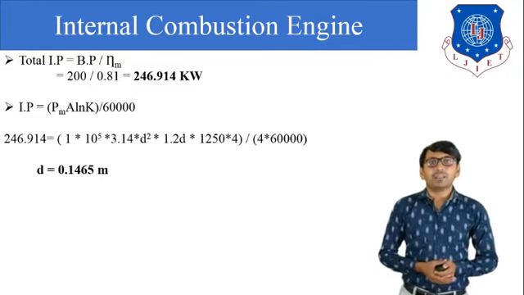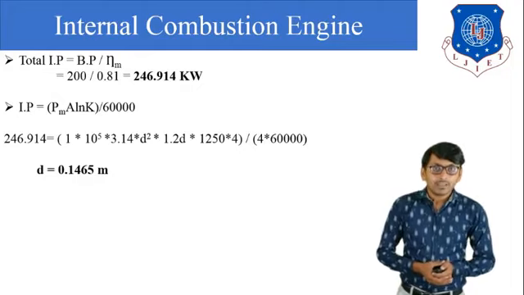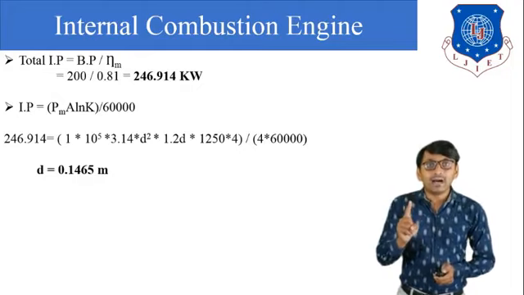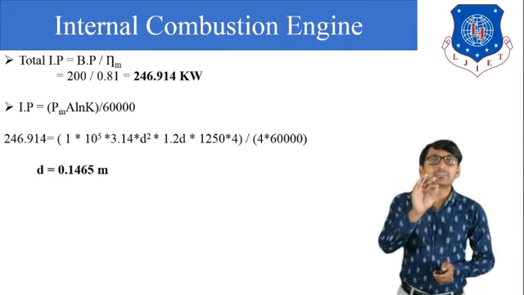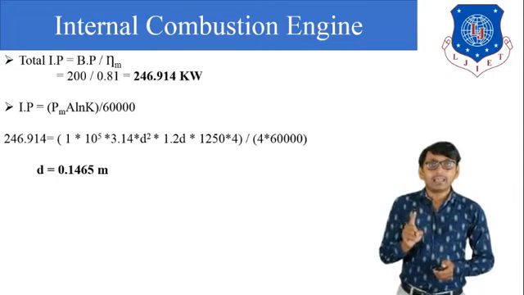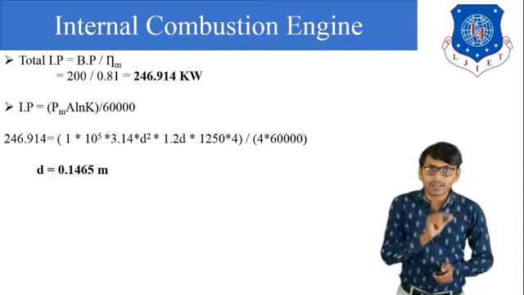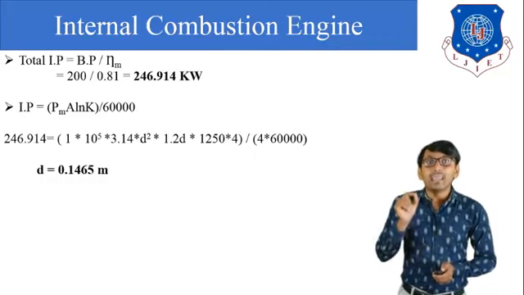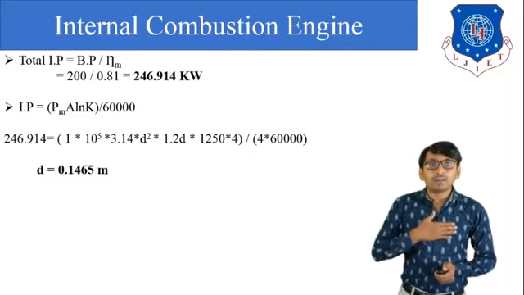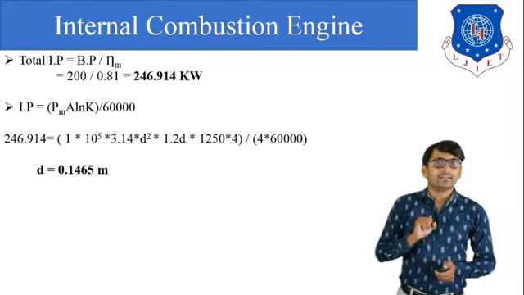So now putting value of indicated power PM, then in place of area we have to put pi by 4 d square. Pi 3.14 divided by 4, that is in numerator, and d square, and in place of L we have to put 1.2d from given data.